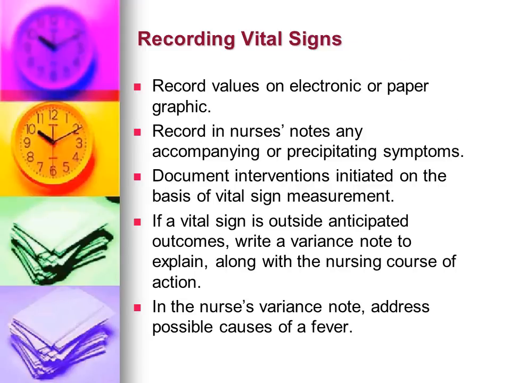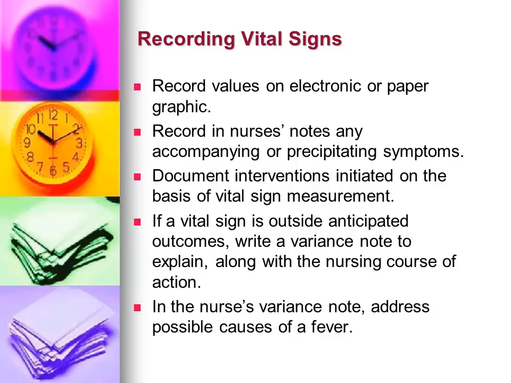Identify institution procedure for documenting on a graphic. Sometimes we have electronic documentation. Sometimes we still use the manual charting. So whatever your institution uses, that's what you will do, and we'll go over both so you'll know how to do both.